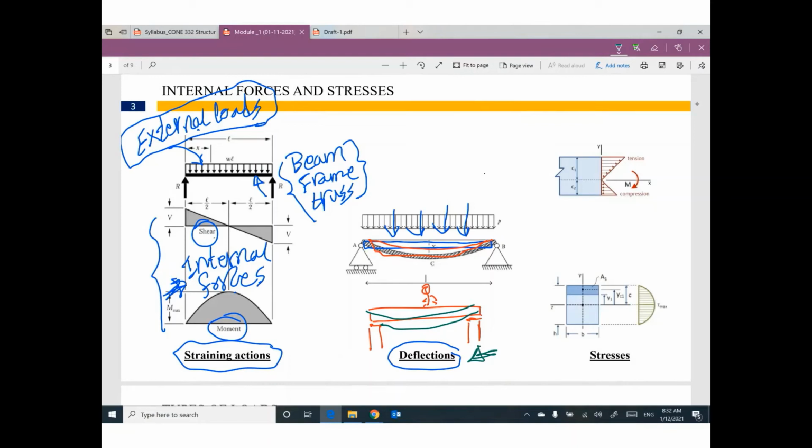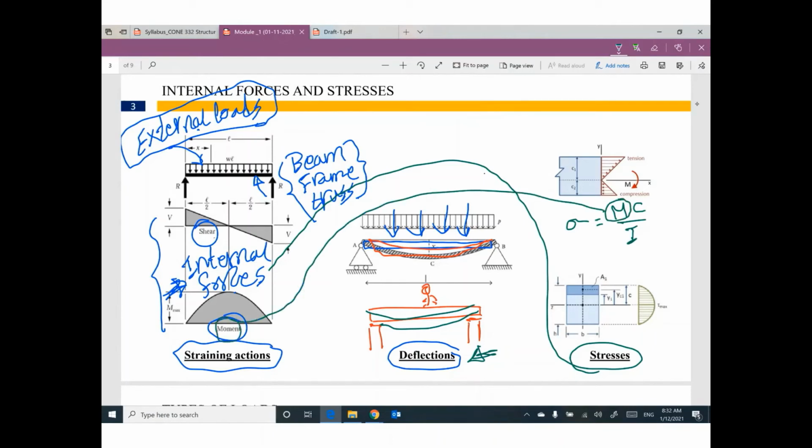The straining action, which is internal forces, will cause something called stresses. I believe in your strength of materials course with Dr. O, you learned it: sigma equals MC over I. If you have a moment coming from this diagram, this moment will make normal stress.